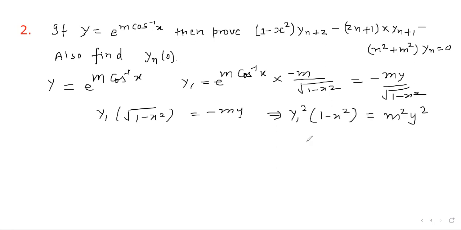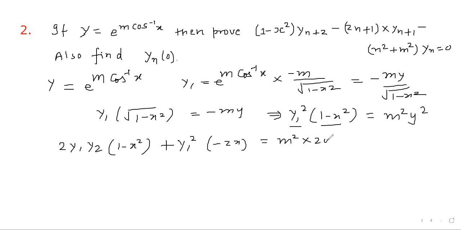We can differentiate it with respect to x. So here product rule will apply. So this will become 2y1 y2 times 1 minus x square plus y1 square times minus 2x equal to m square into 2y y1. We can divide each term by 2y1.